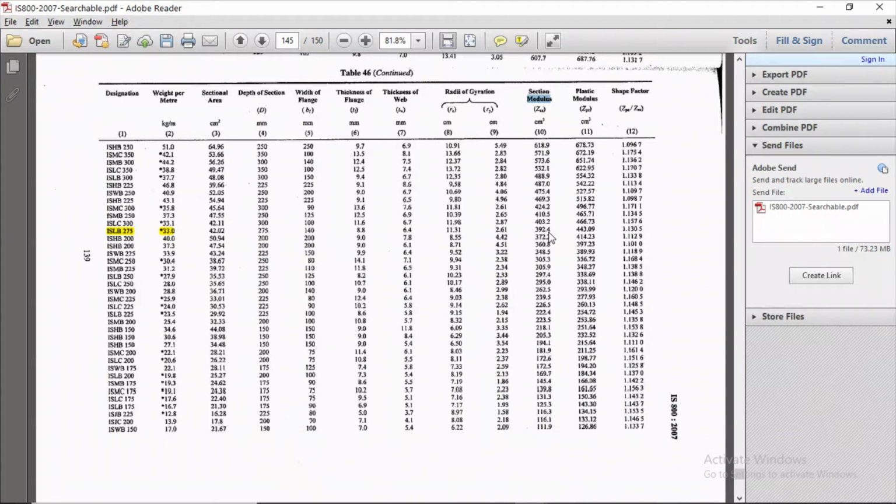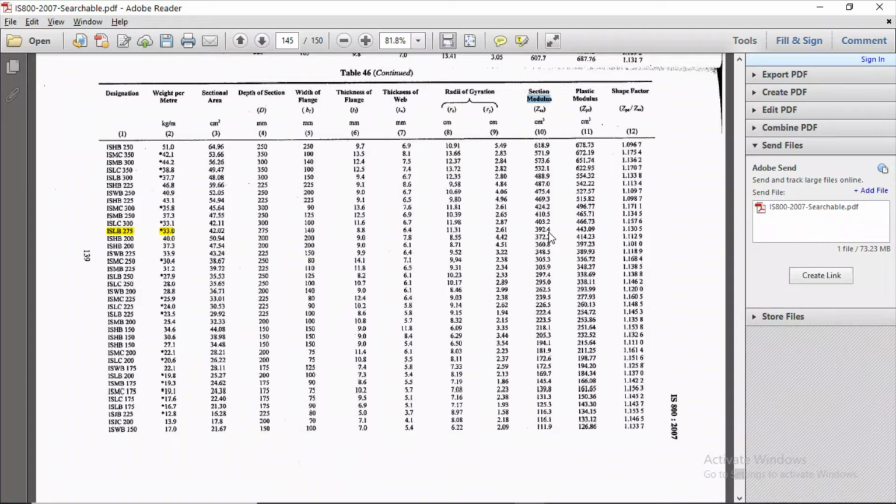Now as you can see above, ISLC 300 has 403, which is much higher than required. Required is 343.2, right? So we can also go for ISHB also. Based on this we can select a section having a section modulus value higher than the required value, that is 343.2. So I am selecting ISLB 275.